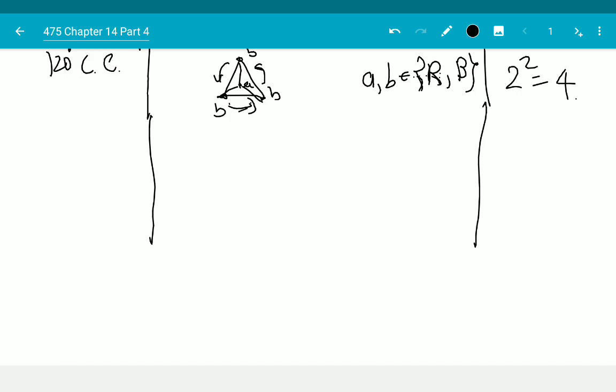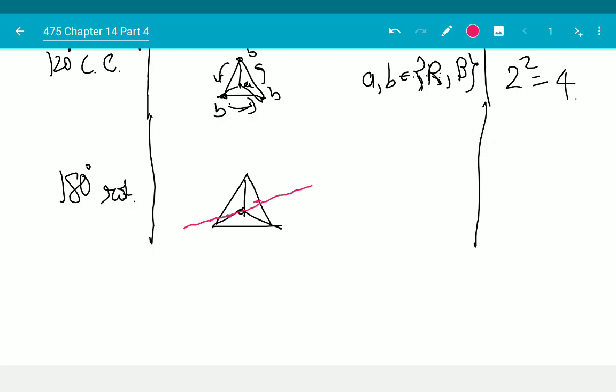Now comes the slightly trickier rotation, 180 degrees rotation. Let us see. Now, if my tetrahedron was like this, and I have a line passing through these 2 edges, what is going to happen?